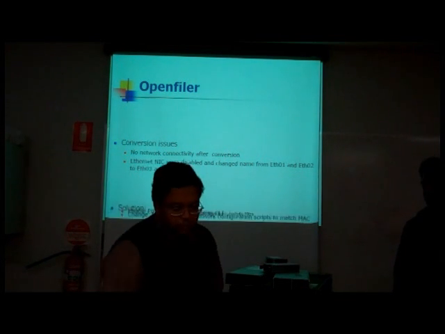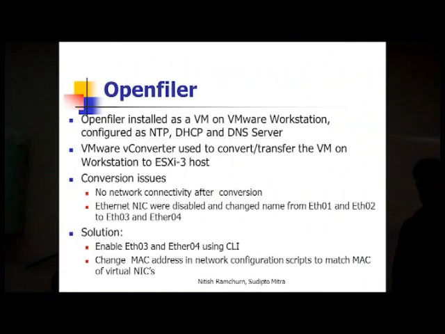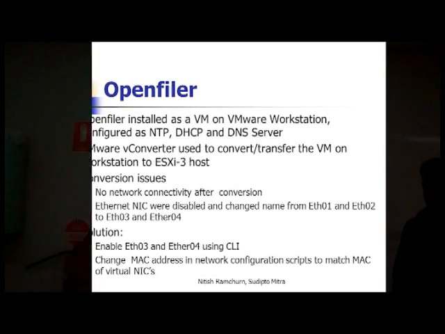To fix that problem, we enabled the Ethernet 3 and Ethernet 4 cards from the command line, and we changed the MAC address in the network configuration script to match the MAC address of the virtual NICs. Once we did all this, we managed to run OpenFiler without a problem.